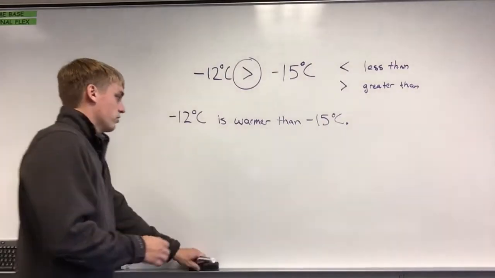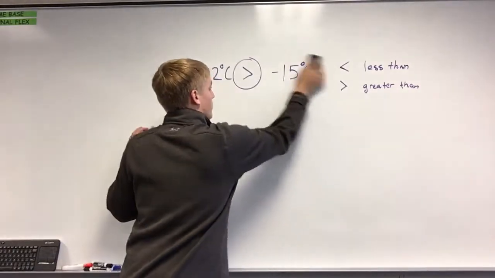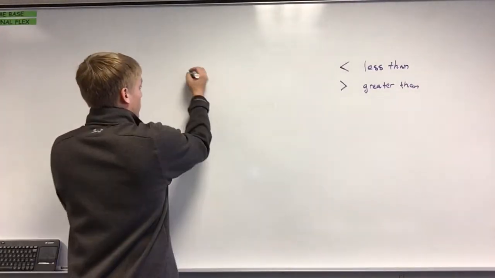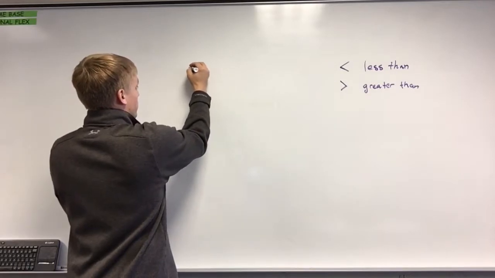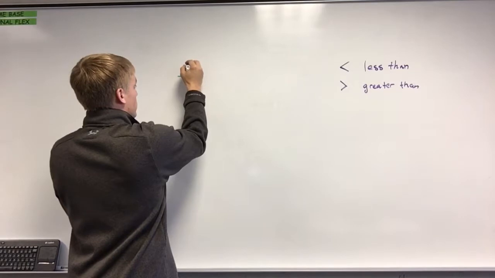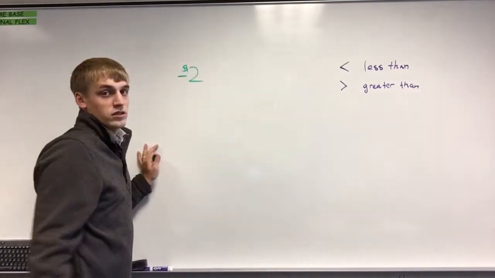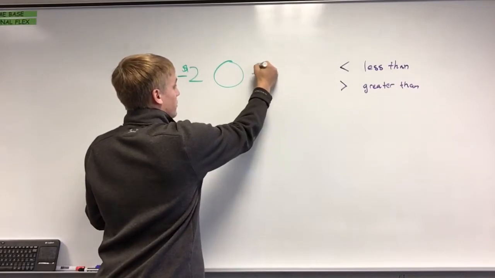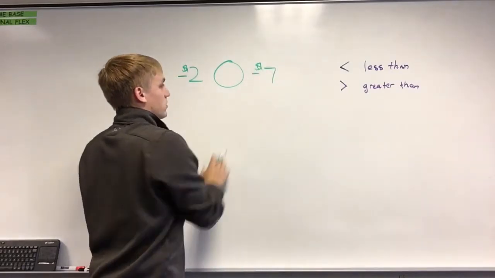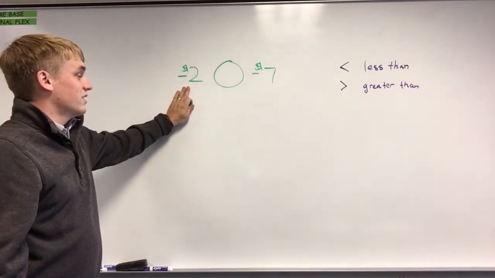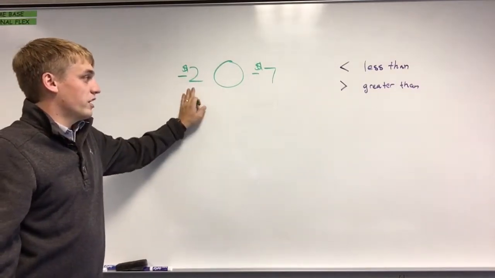Okay, let's try another one. This time we're going to use negative $2 compared to negative $7. So negative $2 is greater than negative $7.